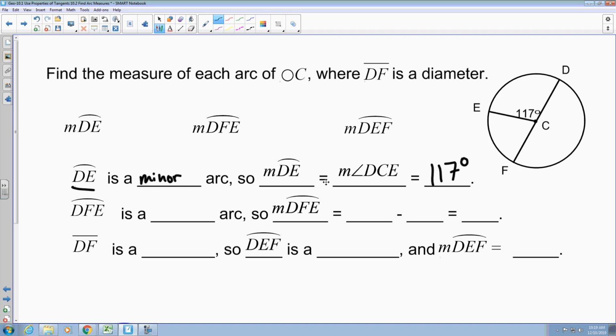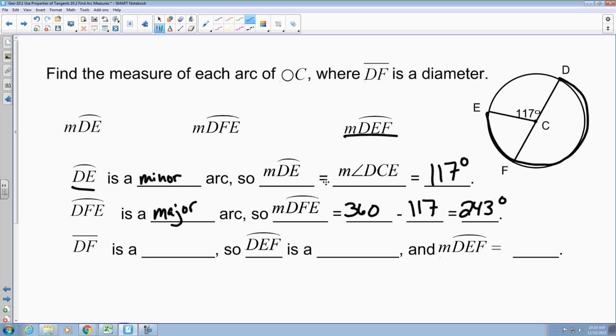Next, they want us to find DFE. DFE is a major arc, and all we have to do to find that is take 360 subtract 117, so that's where we get 243 degrees.